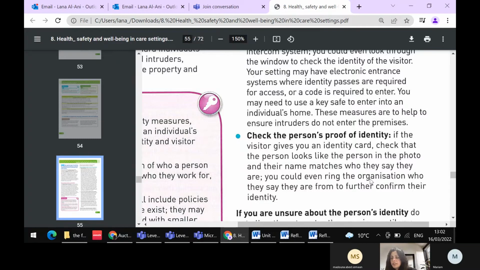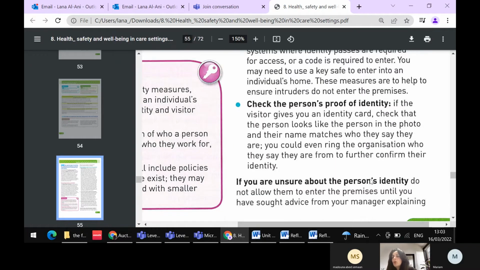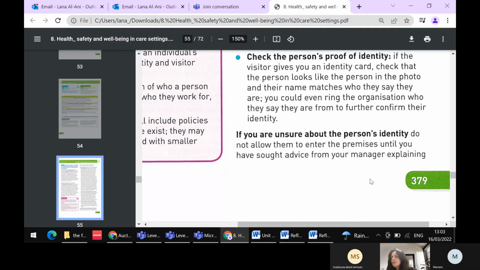They need an identity card, and you need it from them. You also need to check that the person looks like the person in the photo. You can't just have the ID and not check it, thinking, okay, that's ID, that's fine. You need to check the name and the picture. It's very important. You also need to report this to your manager.